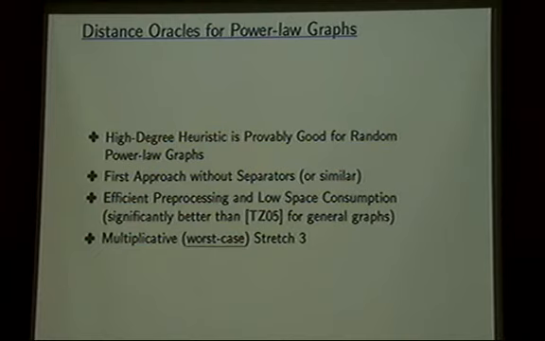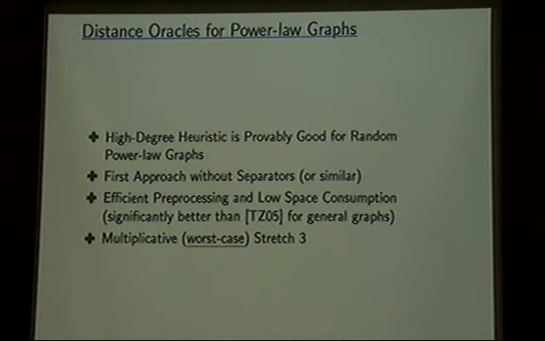There is one thing I didn't tell you yet. The experiments also showed that the stretch of Thorup and Zwick's distance oracle is much better than 3 for these power law graphs. And we were not able to prove anything better than 3. Maybe someone else can. I mean, yeah, would be nice.